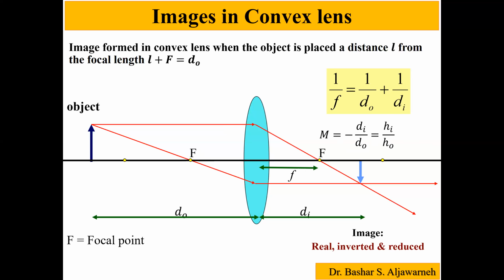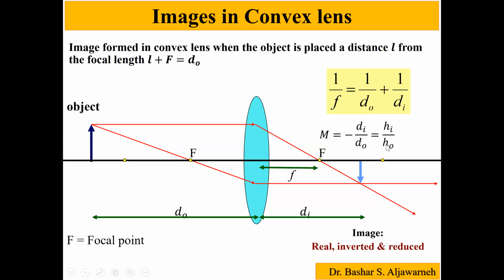And the magnification, we can use this to determine if the image is reduced, enlarged or the same height. We are going to use the magnification formula, which is minus the image distance divided by the object distance, or the image height divided by the object height.